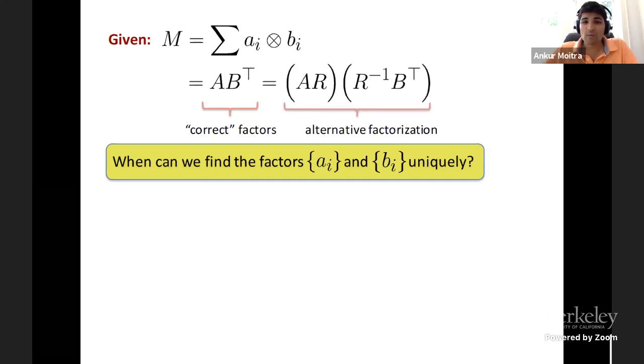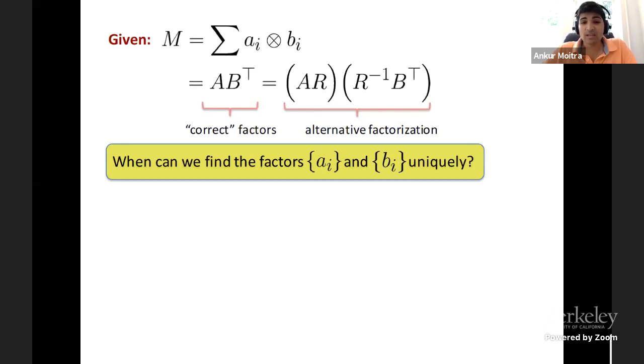There's a major problem with trying to do factor analysis with just matrices, which is that even if there is a true factorization that's nice and lends itself to being interpreted very easily, you could take any invertible matrix R, and put R times R inverse in between A and B transpose.